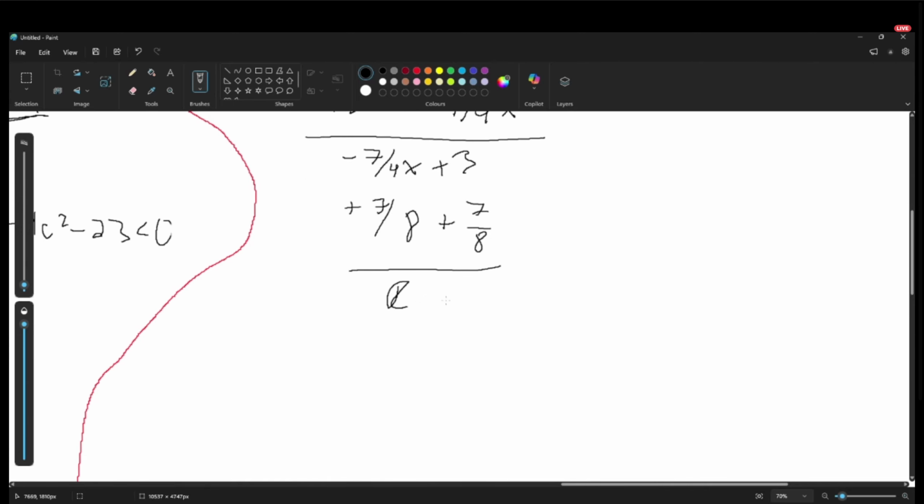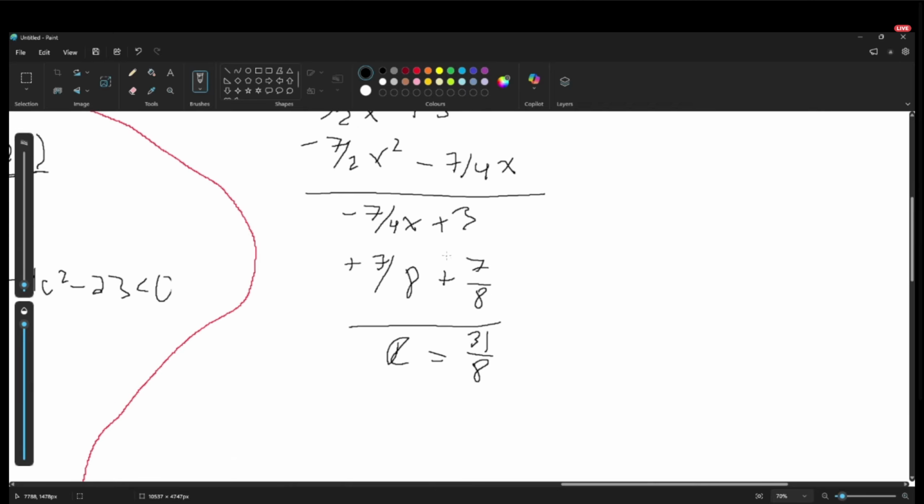So then the remainder becomes 24 plus 7, which is 31/8, right?